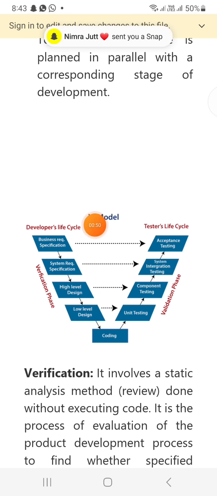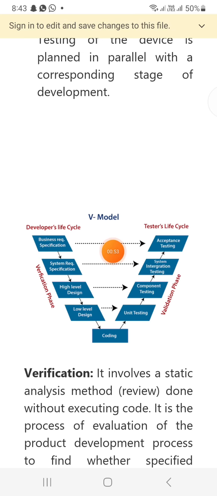So the first point is business requirement specification, and on the other side acceptance testing, then system requirement specification, then system integration testing, high level design, component testing, then low level design and unit testing. Here is the verification of phases, here is the validation of phases. So this is in the last, coding, and then the process starts in these phases.